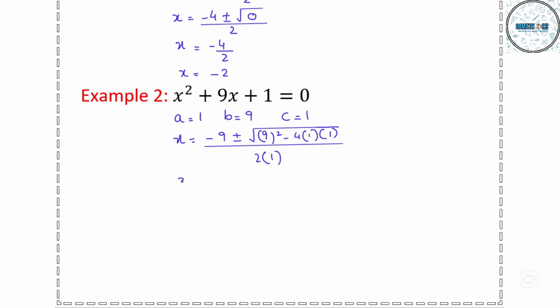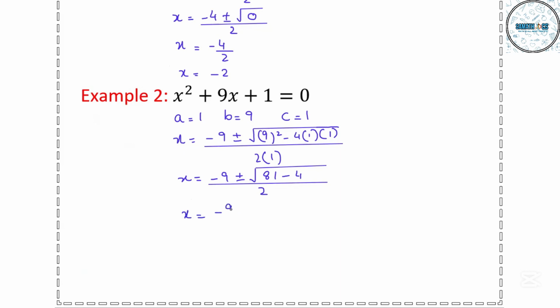Now we have x equal to minus 9 plus minus under root 81 minus 4, divided by 2.